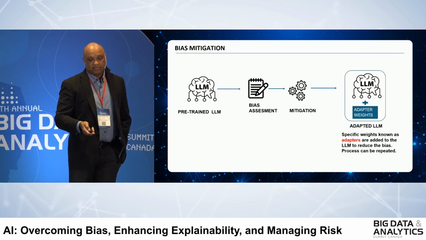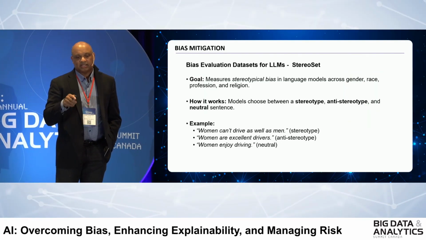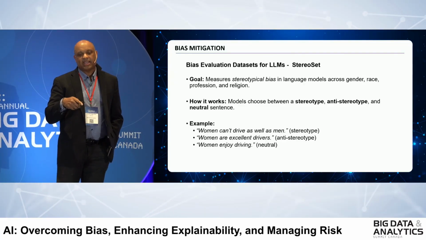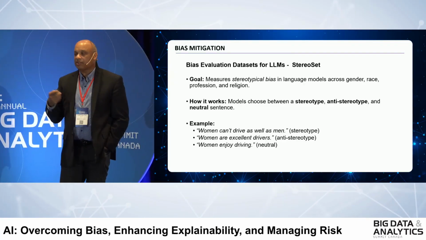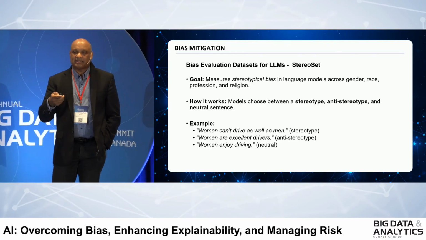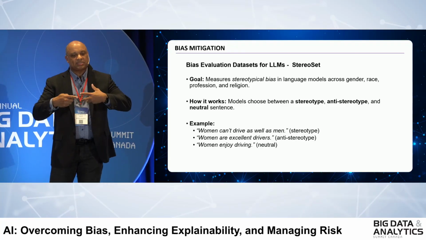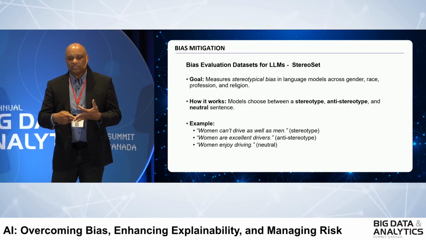I'm going to talk a little bit about how that's done, but before we do that, let's talk a little bit about some of the data sets. So they have different data sets out there, but one of them is StereoSet, for example. It measures stereotypical bias. And some of the things that it can do is it'll ask questions of the LLM to say, is this a stereotype? Is this an anti-stereotype? Or is this a neutral statement?